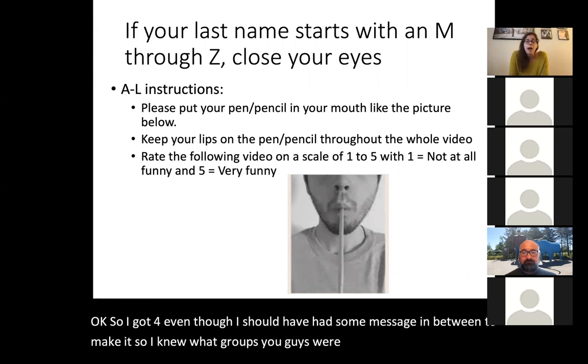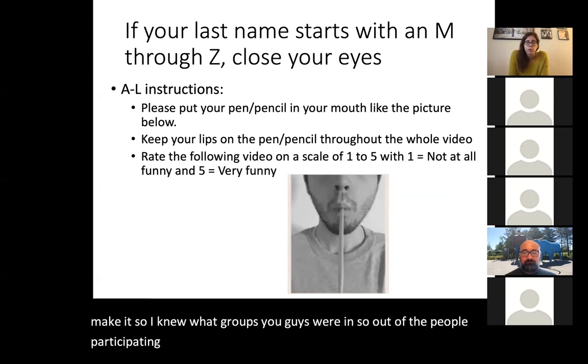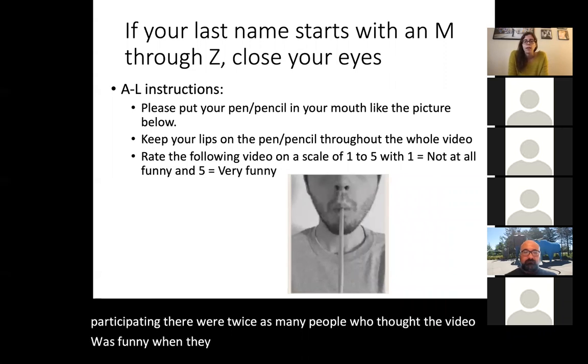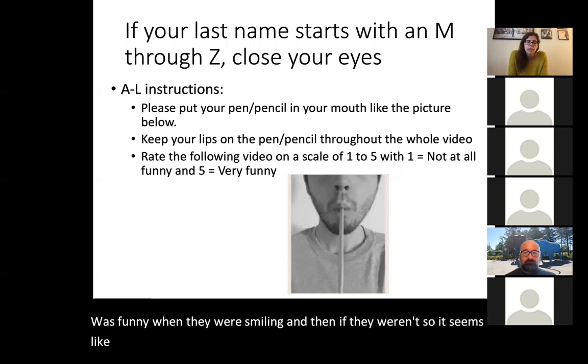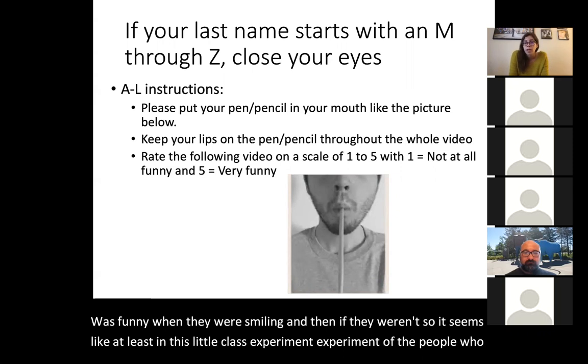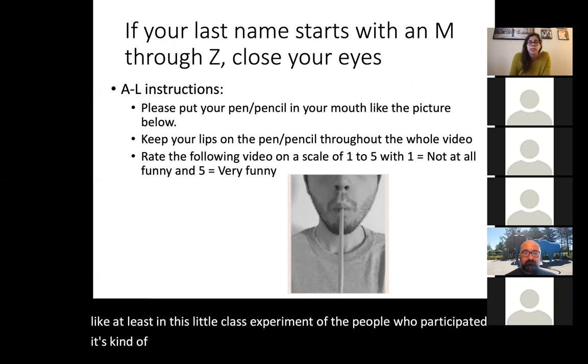So out of the people participating, there were twice as many people who thought the video was funny when they were smiling than if they weren't. So it seems like, at least in this little class experiment, it's kind of working. You think it's funnier when you're already smiling.